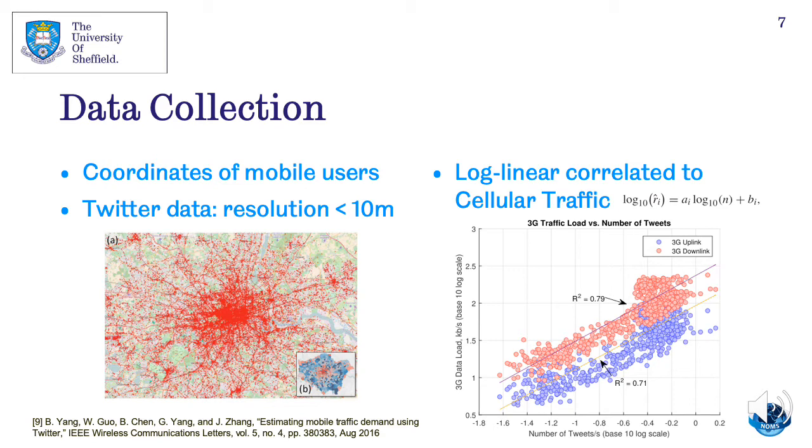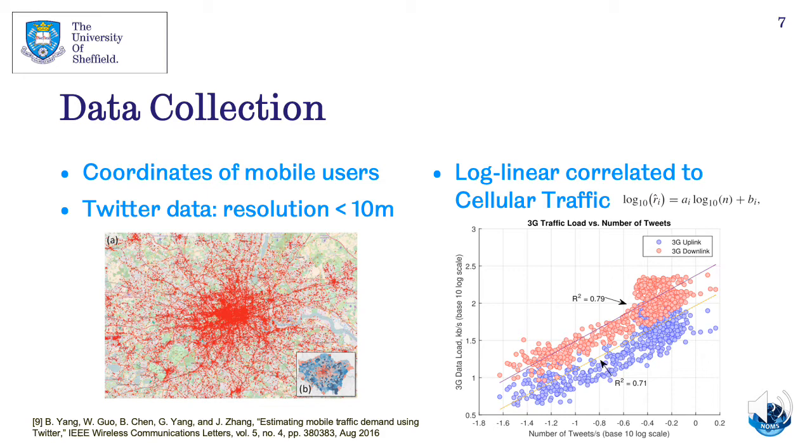So that's based on one of our previous works. From the right side of the figure, we found a log-linear correlation between the Twitter data and the mobile traffic data. Based on this correlation, firstly, even though the uplink of the Twitter app does not occupy a lot of resources, it is correlated.